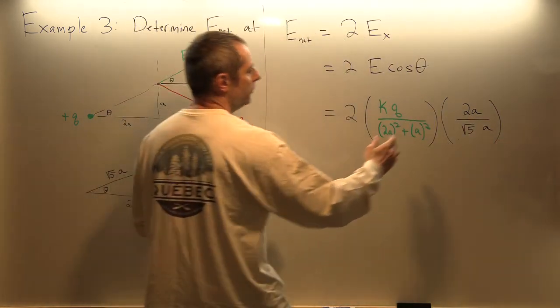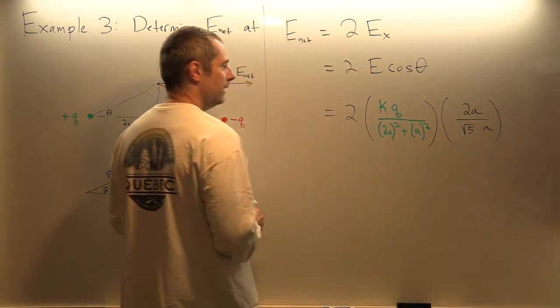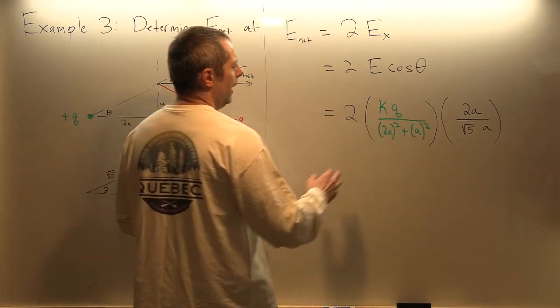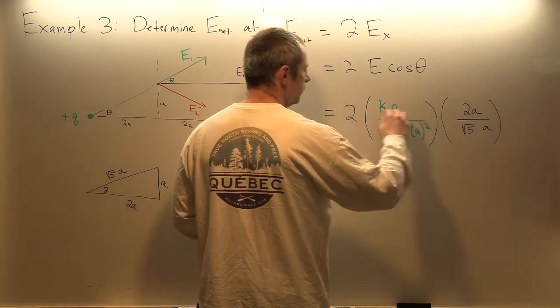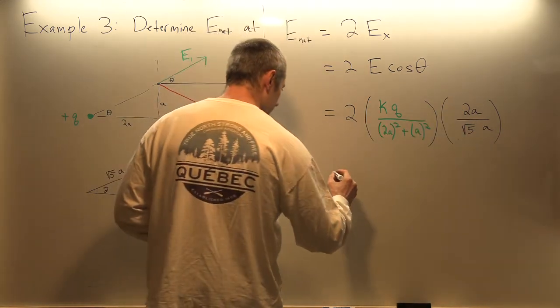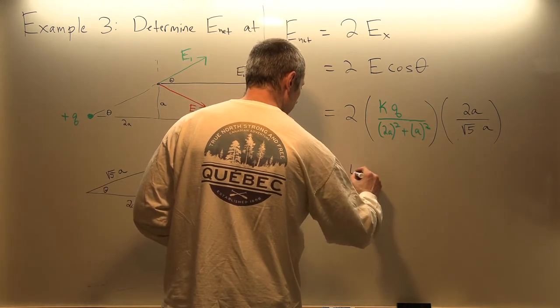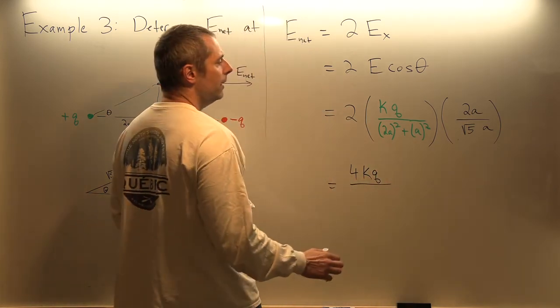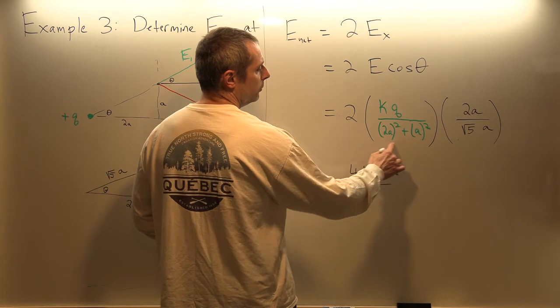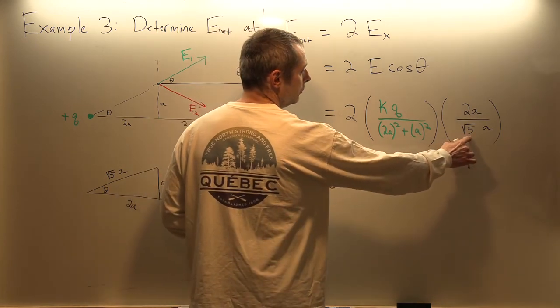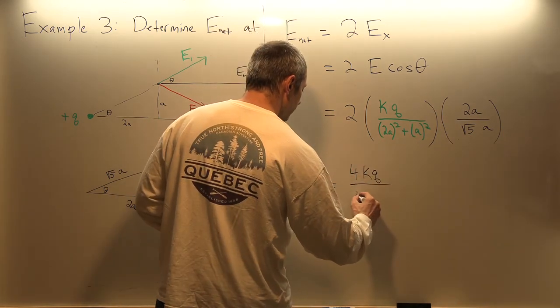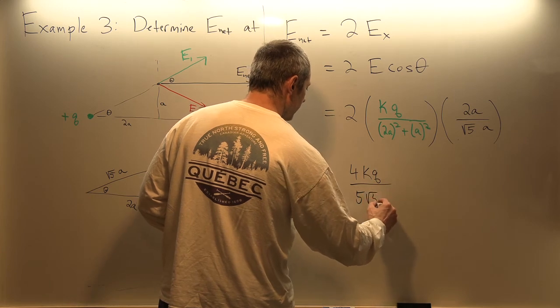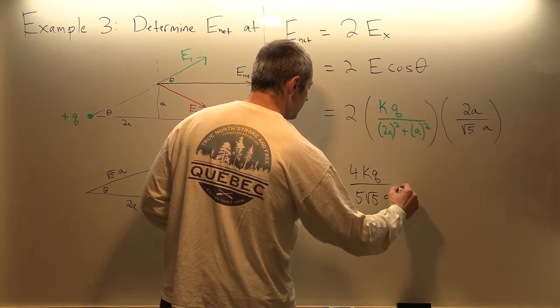So, once again, the a's here cancel, and on the top I've got 2 and 2, which is 4, multiplied together. 4kq. On the bottom I have 5a squared here, as I mentioned already, times the radical 5 is 5 radical 5 a squared.